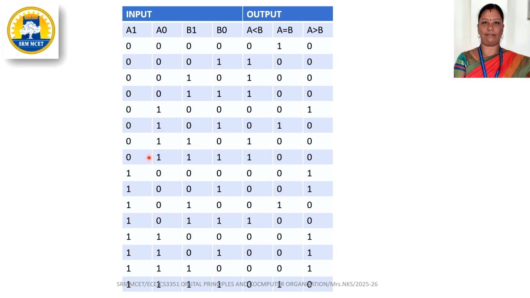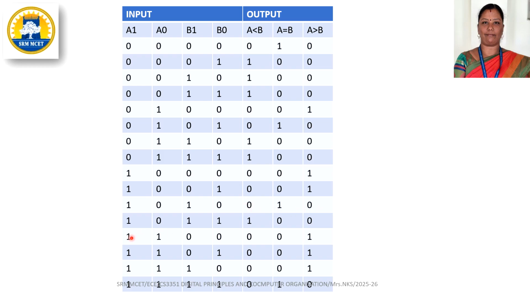Likewise, we will see another combination. If A is 1, 0 and B is also 1, 0, both are equal, so we have to put the 1 in the A equal to B column, and the other two outputs are 0.